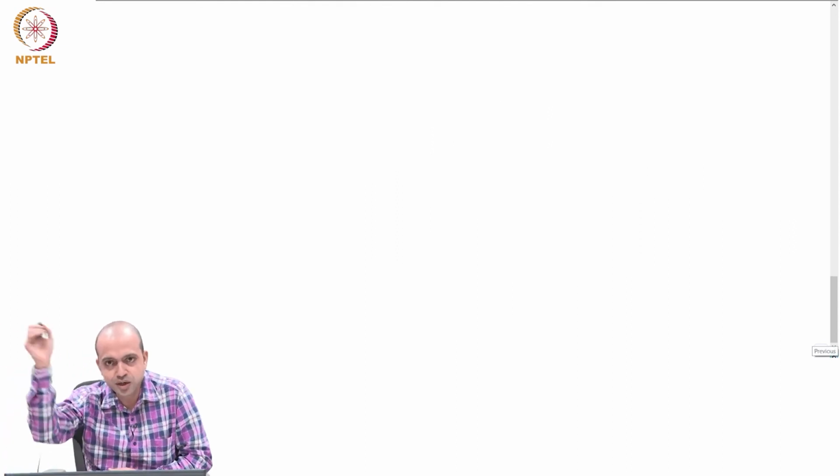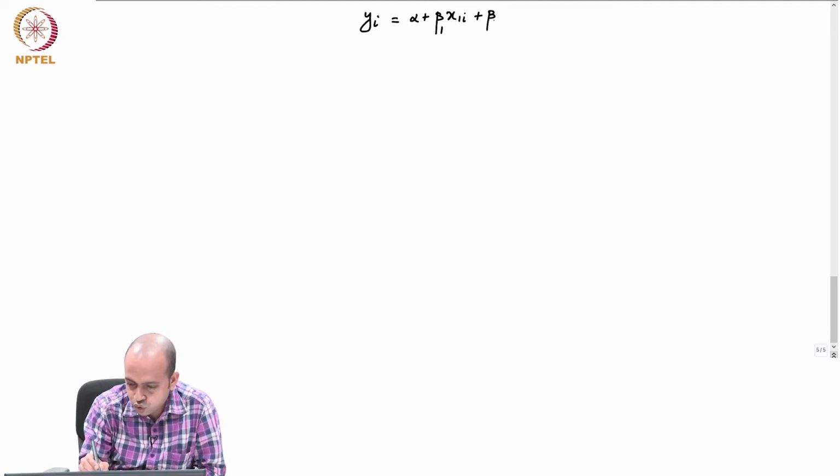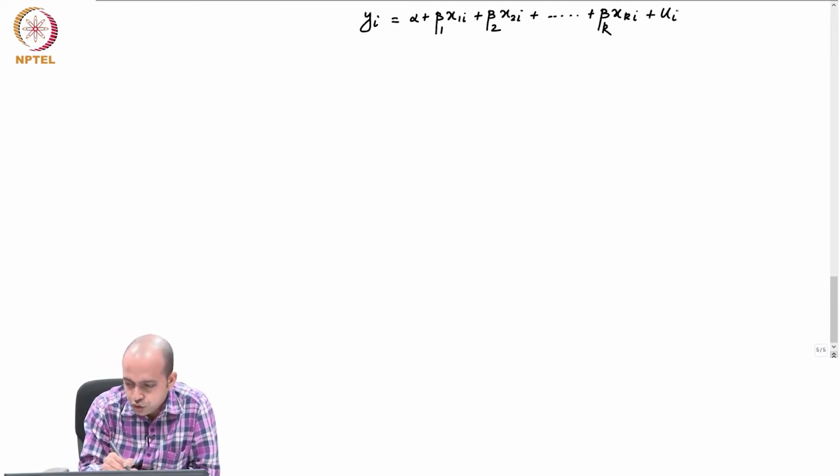Once we estimate, lastly we need to interpret yi equals alpha plus beta 1 x1i plus beta 2 x2i plus beta k xki plus ui. When I write this model for the k variable model, how do you interpret beta 1 hat?